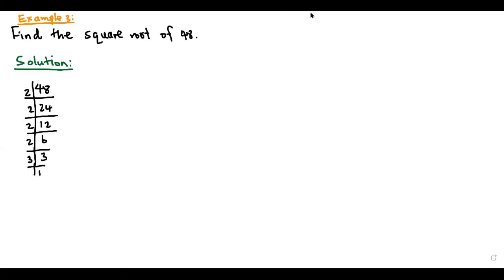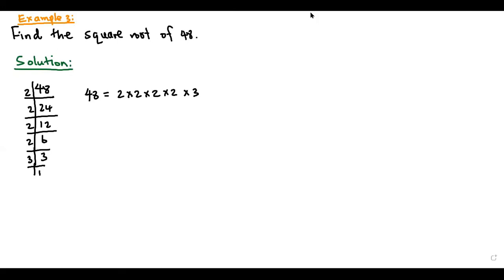Okay, so it means that 48 is equal to 2 times 2 times 2 times 2, those are 4 times, then times 3. So now, remember, we need to make two equal groups.